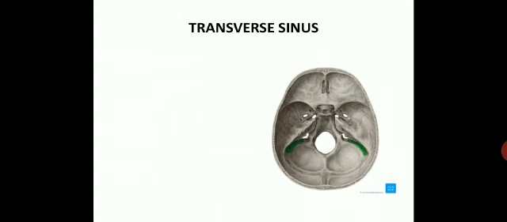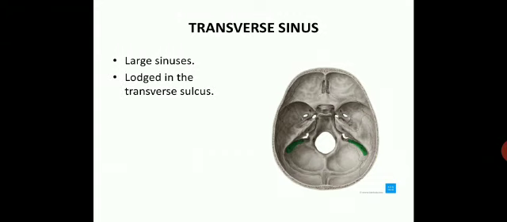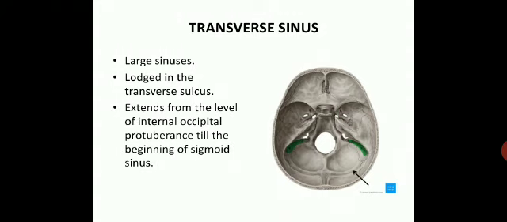Next is the transverse sinus. It is a large sinus and it is paired, lying in the transverse sulcus. It extends from the level of the internal occipital protuberance till the beginning of the sigmoid sinus.